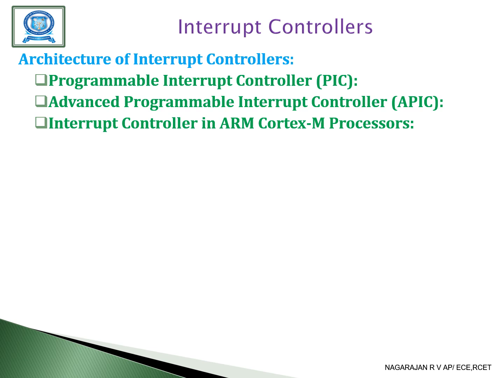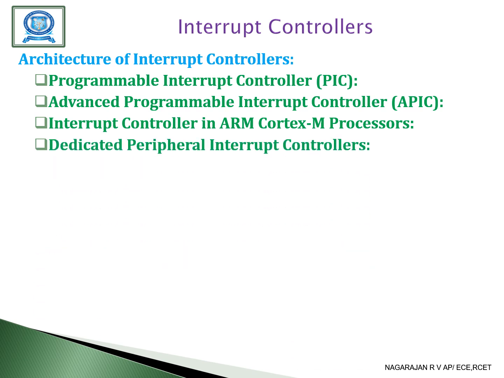The nested vector interrupt controller is an integral part of the ARM Cortex-M processor, providing low latency interrupt handling, support for interrupt preemption, and configurable priority levels. The NVIC directly interfaces with the CPU core to manage and service interrupts effectively.